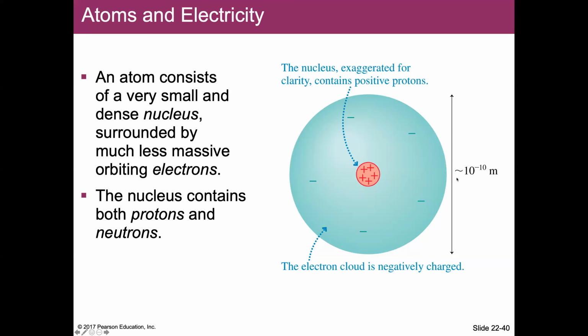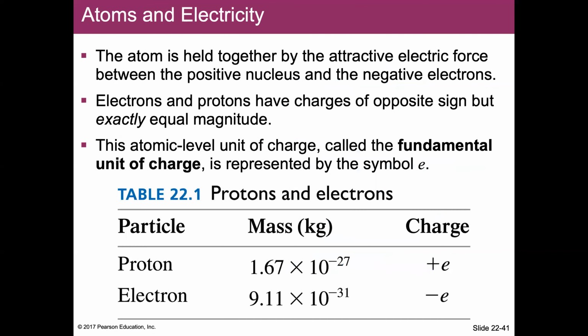It's in angstroms. 1 angstrom is 10 to the power negative 10 meters. So it's a very small unit. The proton or electron are even smaller because they're the components of an individual atom. So that's the fundamentals of positive and negative charges.